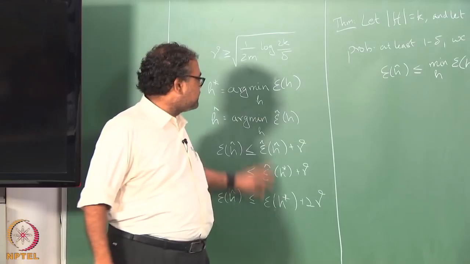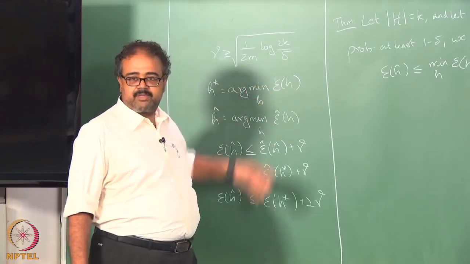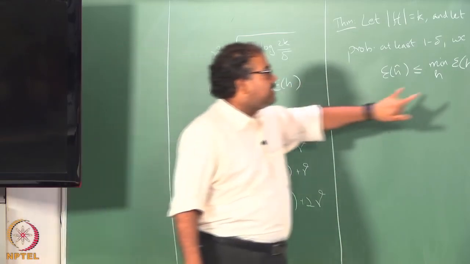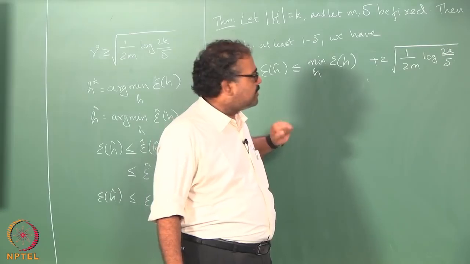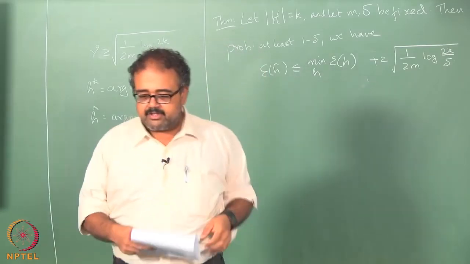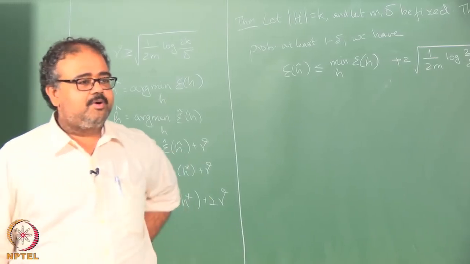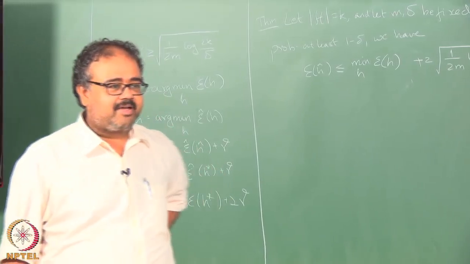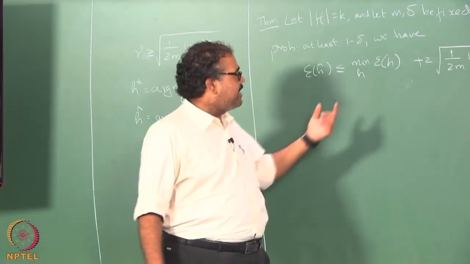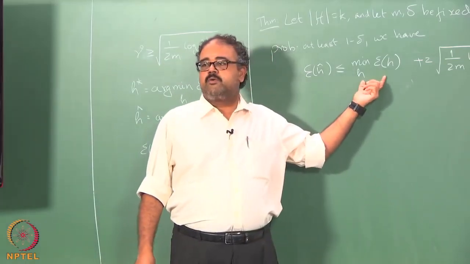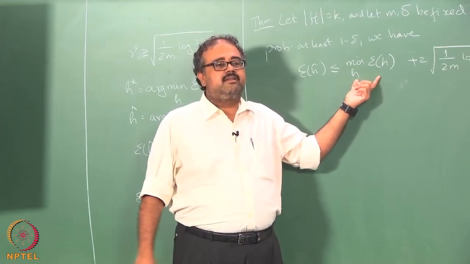Epsilon H star is actually the minimum over h of epsilon of h. So this is essentially the best possible classifier that you can build. Now that we have this result, we can go back and think about the question you asked some time back. If my hypothesis class is small, I will be searching over a small number of things to find the lowest error.